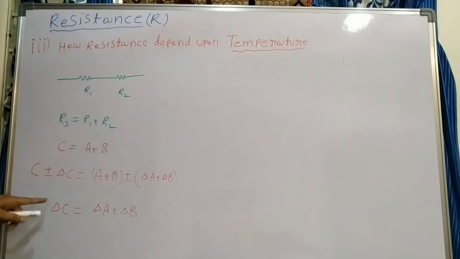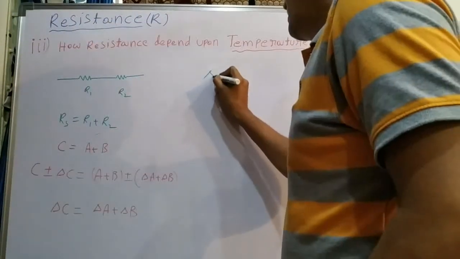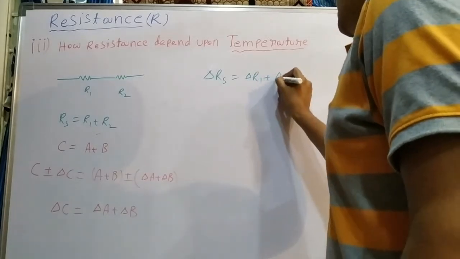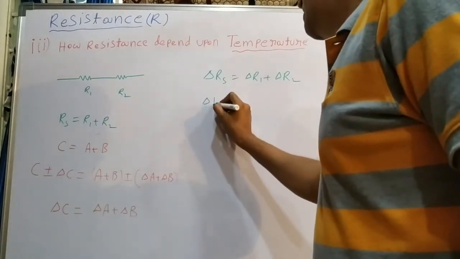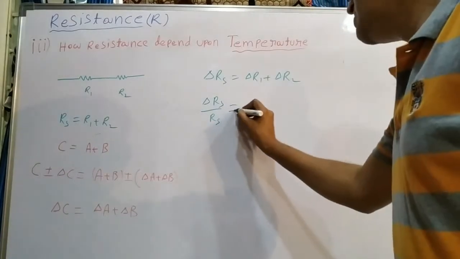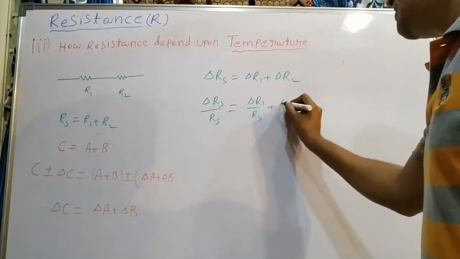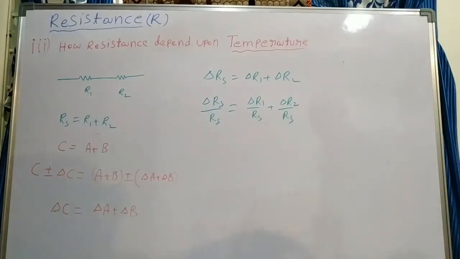Similarly, by comparing these two equations, delta R series equal to delta R1 plus delta R2 we get. So we divide delta R series by R series. That means this one also can be divided by the same, delta R1 by R series and delta R2 by R series.